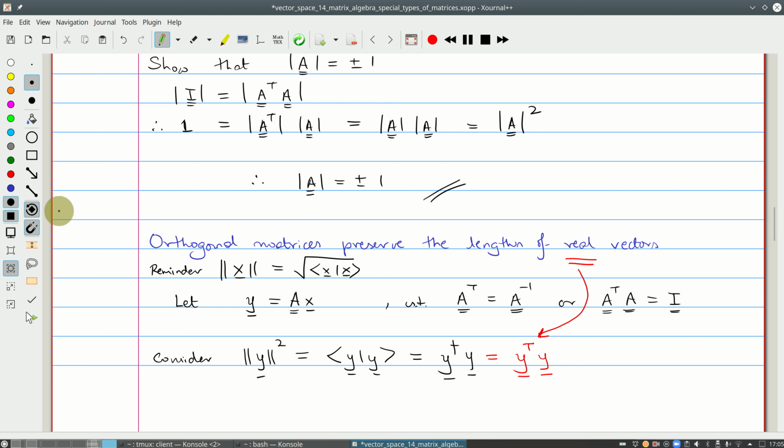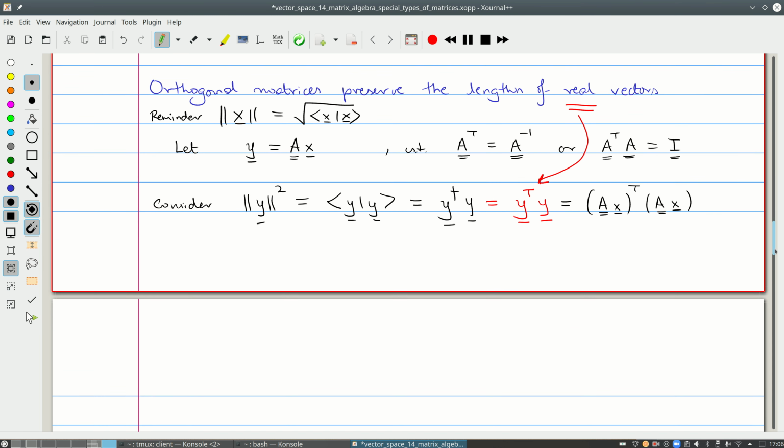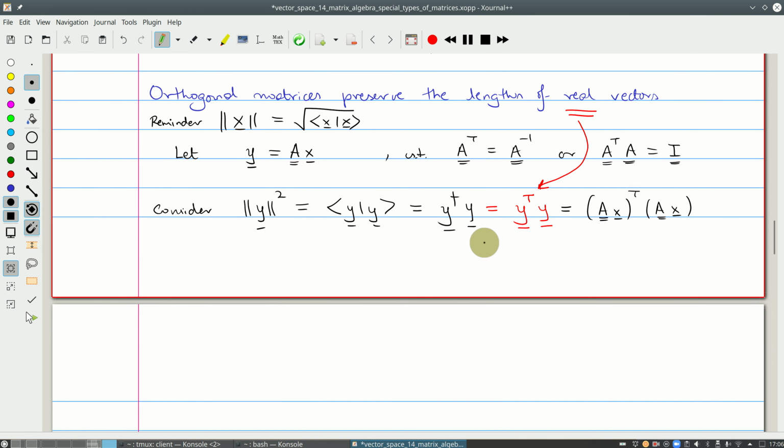Okay, so that then is equal to, y is equal to Ax, so (Ax) transpose Ax. Now remember we derived some results for the transpose.